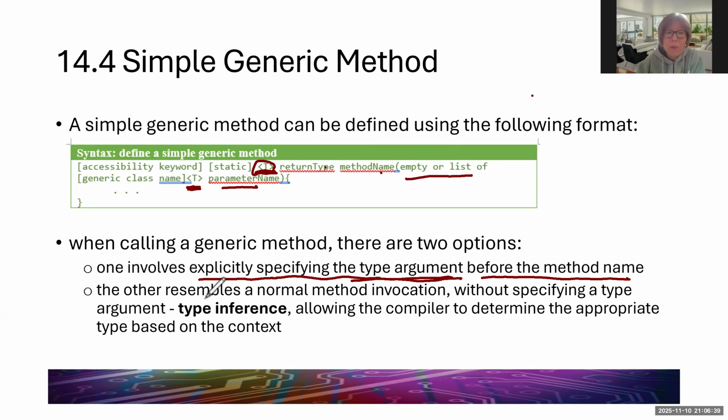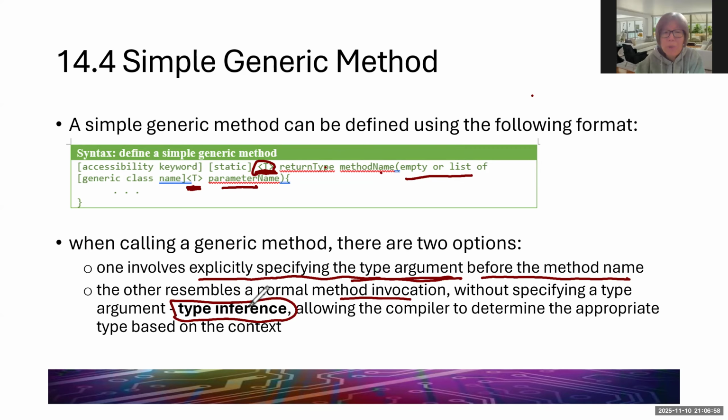Or the other option, just like our regular method invocation, you don't specify the type. If we don't specify the type for a generic method, then we call this type inference.